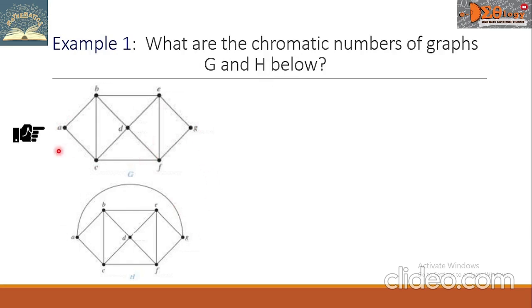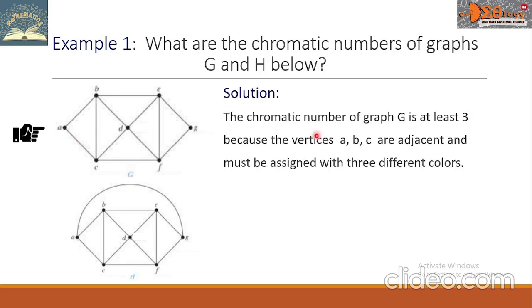Let's begin with graph G. The chromatic number of graph G is at least 3 because the vertices A, B, and C are adjacent and must be assigned 3 different colors. Say vertex A to be red, vertex B to be blue, vertex C to be green.